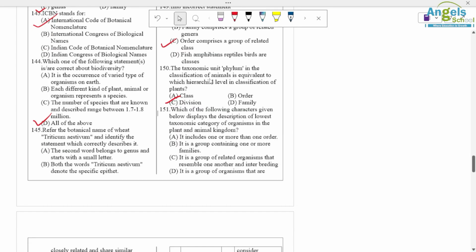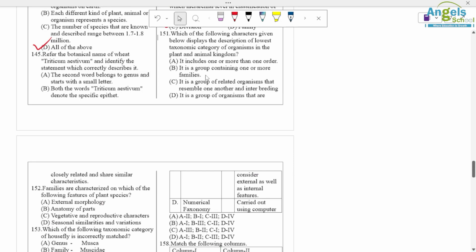Which of the following characters given below displays the description of the lowest taxonomic category of organisms in plants and animals? So it is species, a group of related organisms that resemble one another and interbreed. Okay, so option C is correct here.